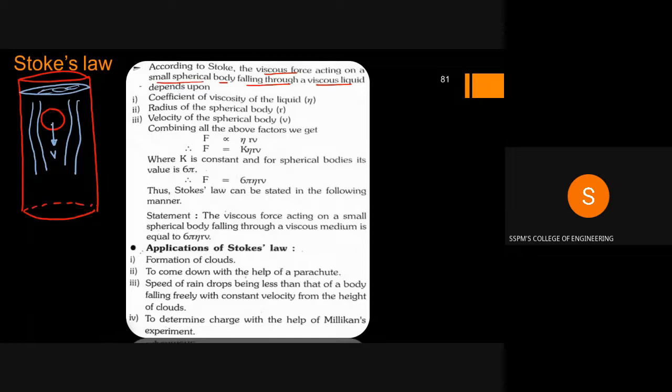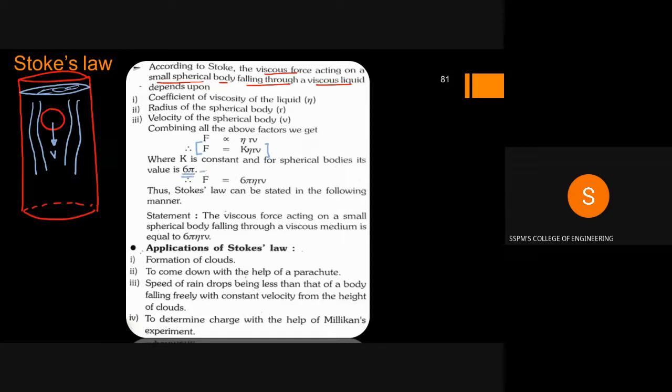This force is given by the Stokes equation. F is directly proportional to eta r v, so F is equal to k into eta r v, where k is a constant. For spherical bodies, the value of this constant k is 6 pi.